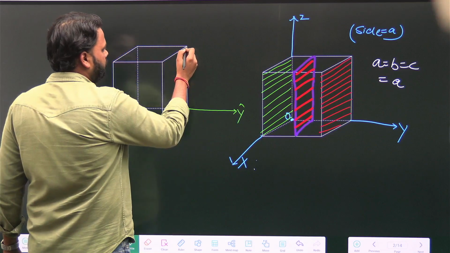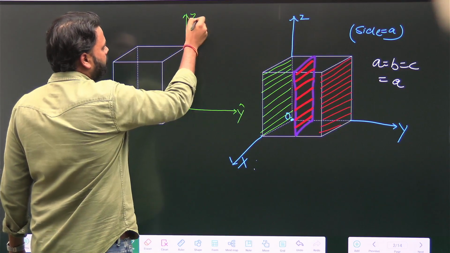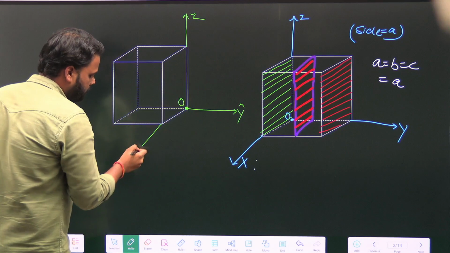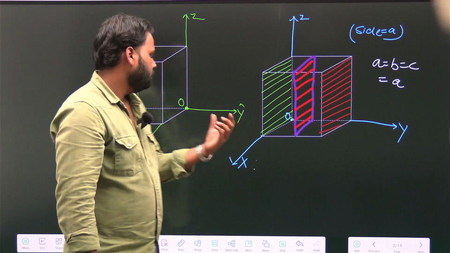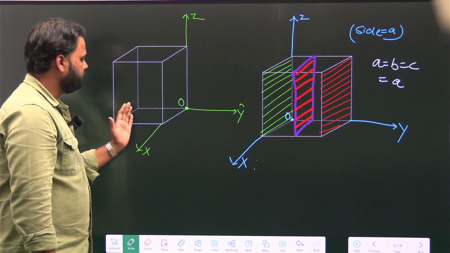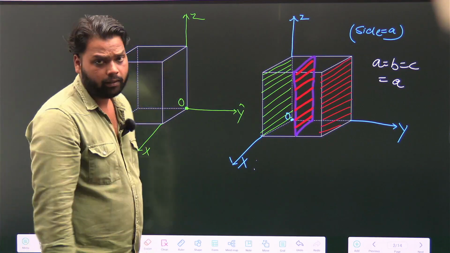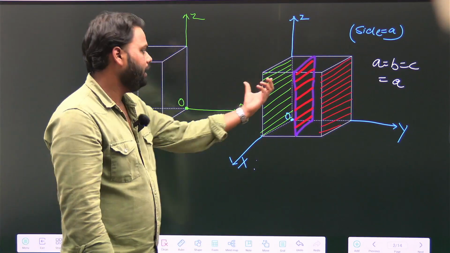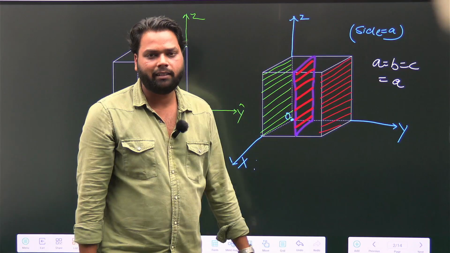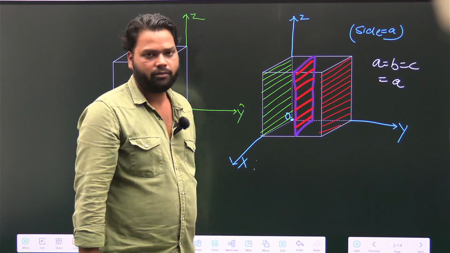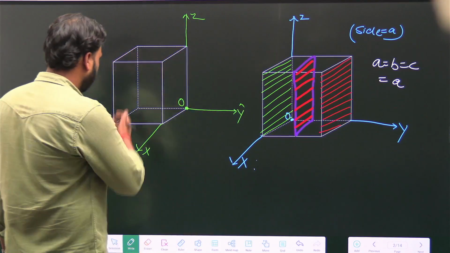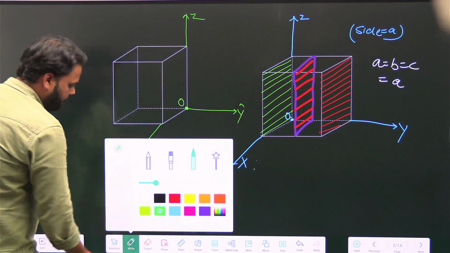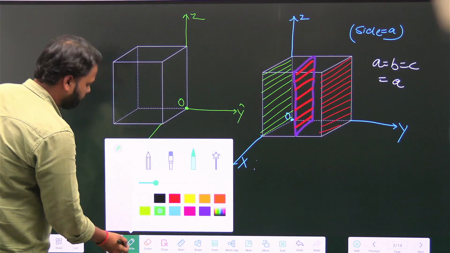So this will be our z-axis and this will be our x-axis. Clear hai? We have done nothing, we have just shifted the origin. Why? Because the plane for which we are finding the Miller indices was passing through the origin. Origin को touch करते या cut करते हुए जा रहा था. Okay, that's why. Now, let's find out the Miller indices of this plane.